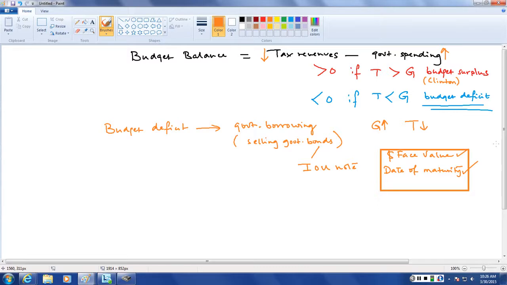Correct? So what does all this government borrowing do then? Government borrowing, of course, leads to a rise in what's called the national debt, also called the public debt.